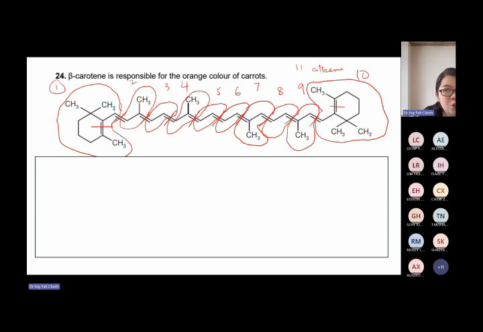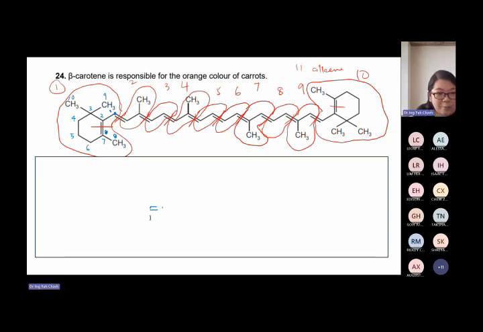I want to number all the carbon in molecule 1. Start from here. Carbon number 1, 2, 3, 4, 5, 6, 7. Wait, 7 here, 8. Now all the side groups, 9 and 10. 10 carbon. So I'm going to start with carbon number 1, this carbon.